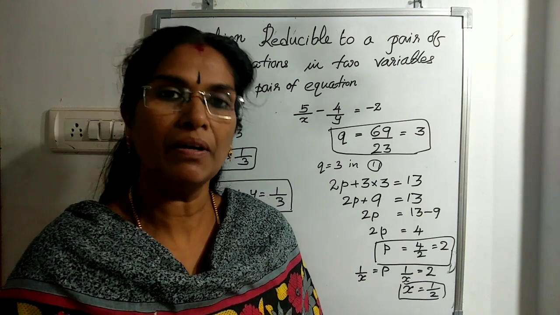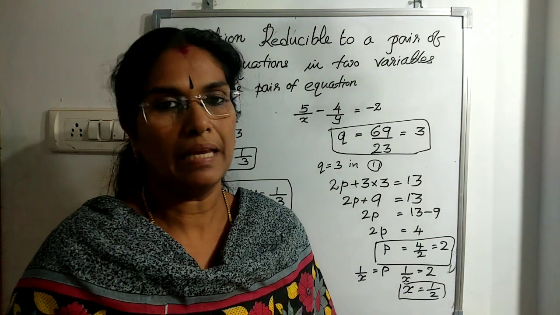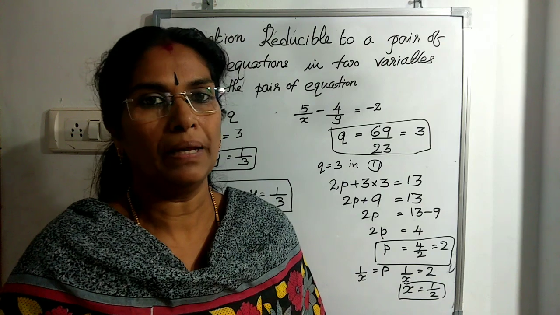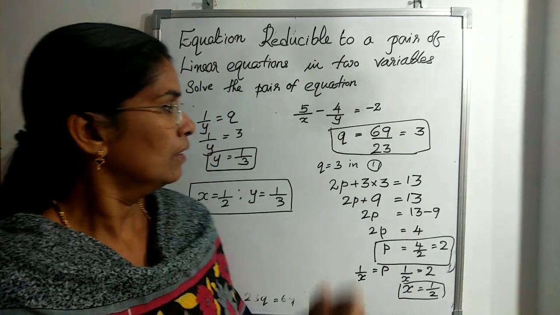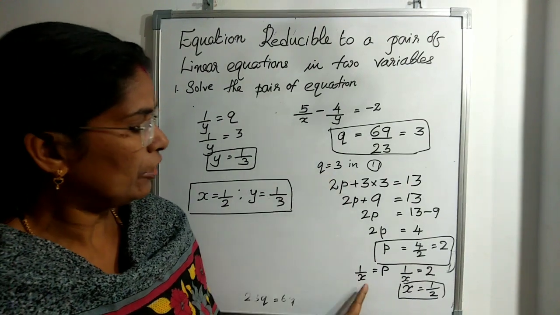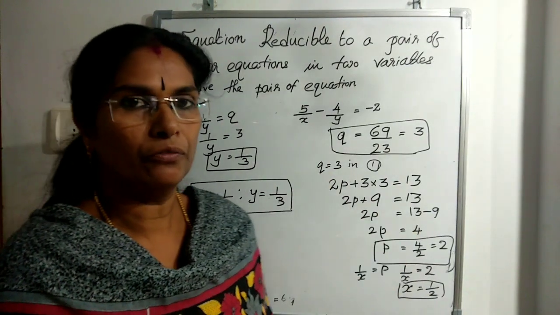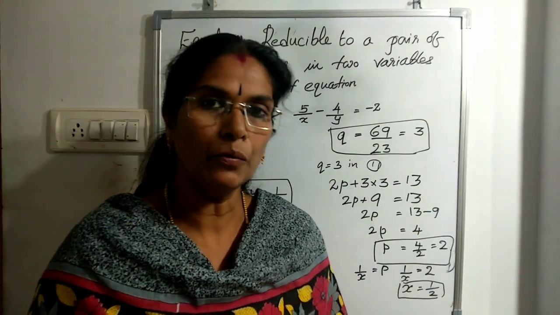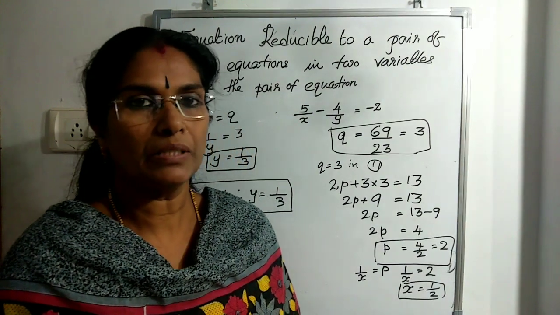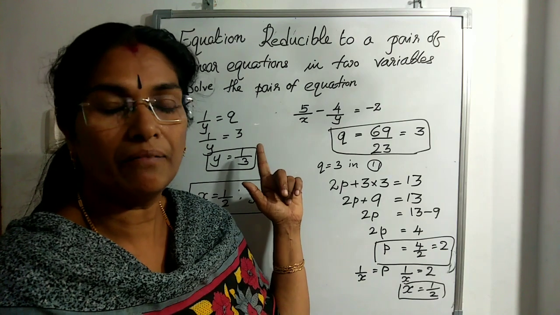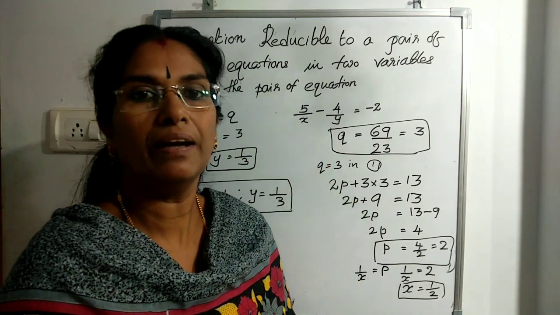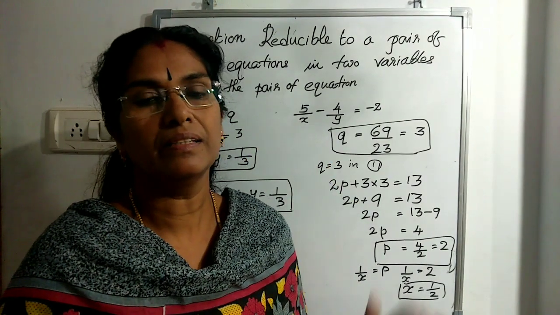We can use any one method, substitution or elimination. That is your choice. So after solving, you will get the values of p and q. After that, you have to substitute 1 by x equal to p and 1 by y equal to q and find the values of x and y. This is the method.